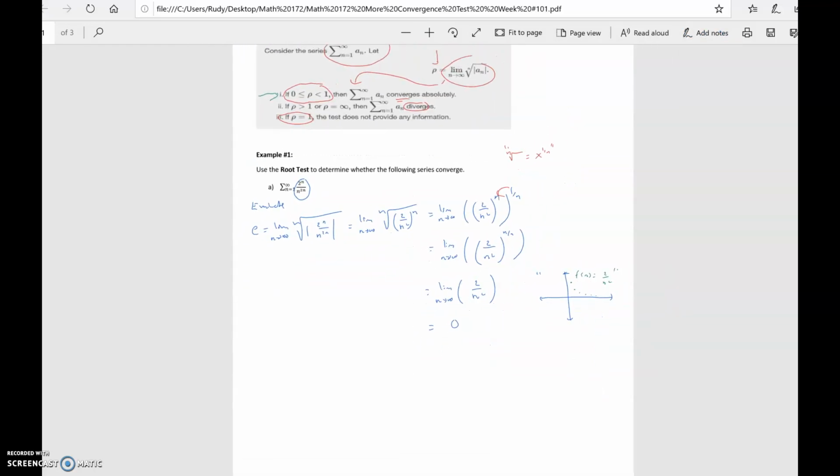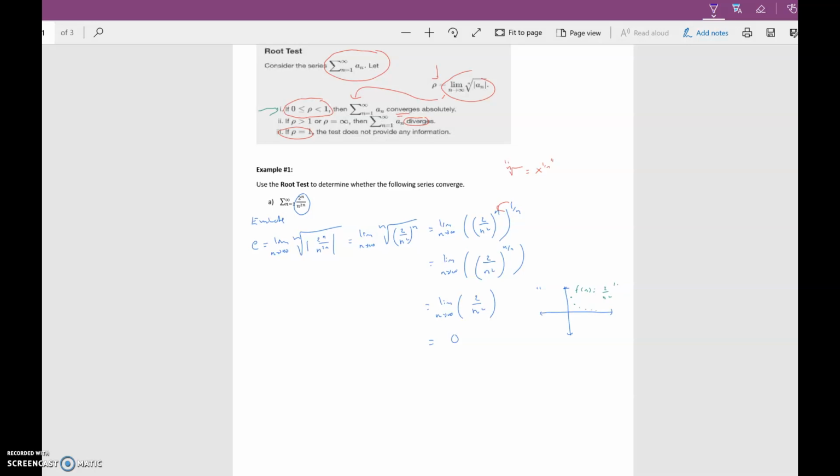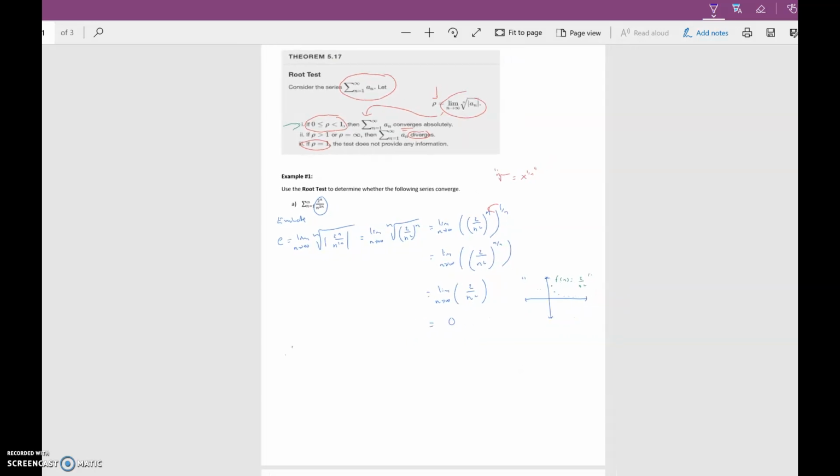I do need you to quote the test in your conclusion. So in this case, by the root test, the series from n equals 1 to infinity of 2 to the n over n to the 2n converges. You can simply say, because the value of rho is equal to 0.